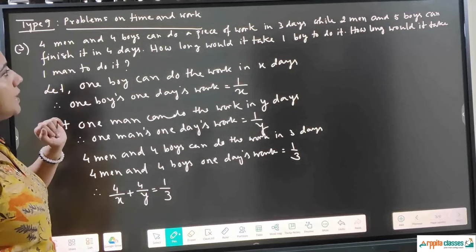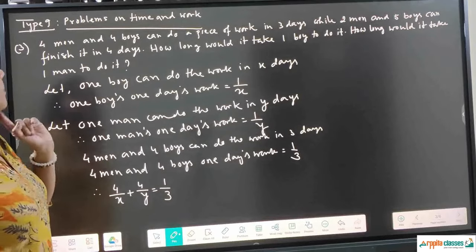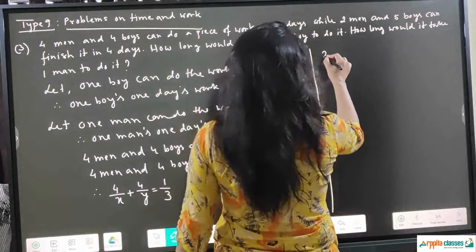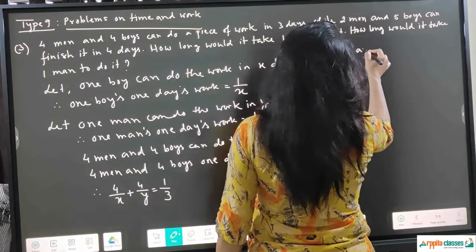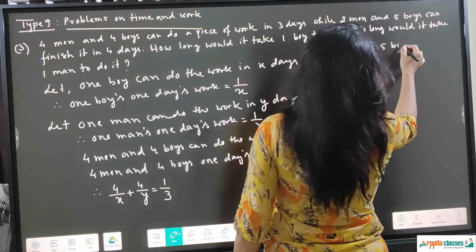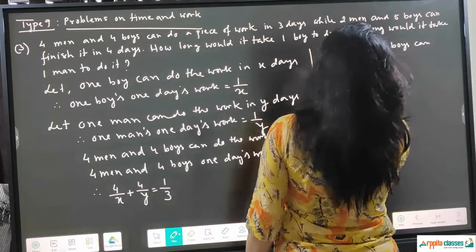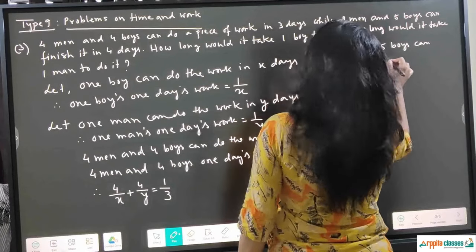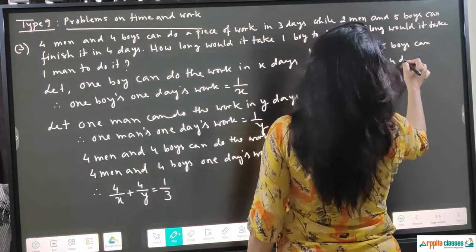Similarly, the second criteria, 2 men and 5 boys can finish it in 4 days. So I am writing it here, 2 men and 5 boys can finish it in how many days? 4 days.